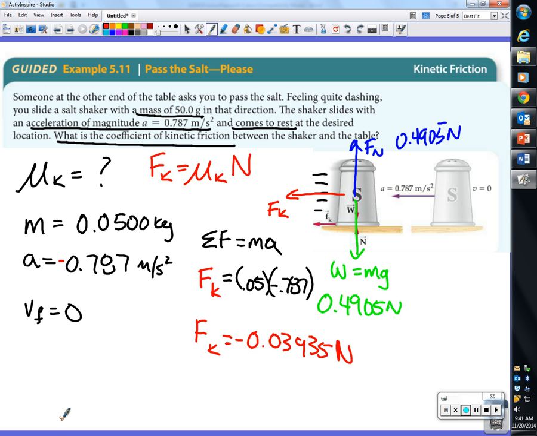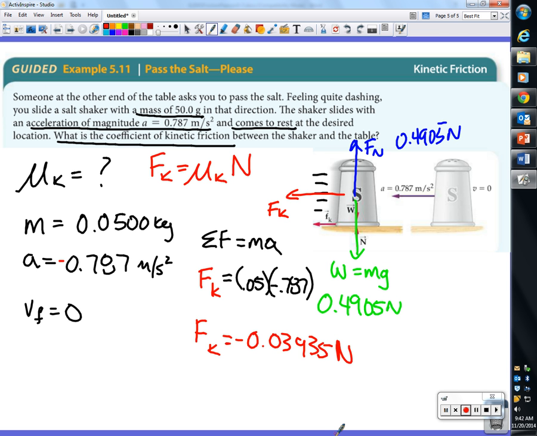However, changing the surface, does that do anything to the normal force? We haven't changed the salt shaker at all. Just by putting a tablecloth underneath it, that doesn't change how hard gravity's pulling on it, and that doesn't change the normal force.